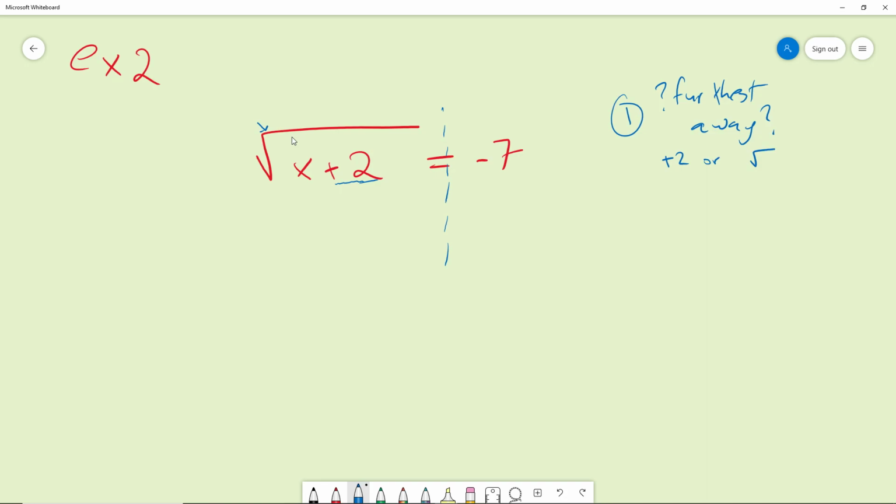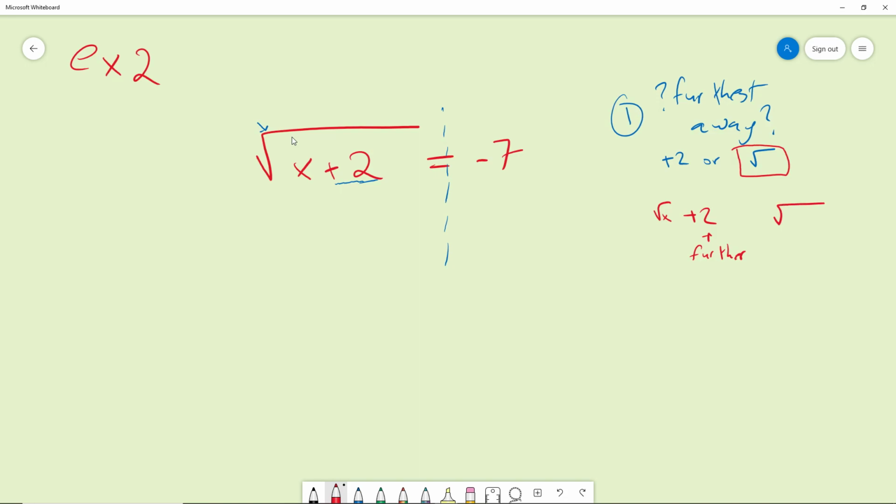So since the x and the 2 are inside the root together, this is furthest away. If it was written similarly, like square root of x plus 2, now the plus 2 is further away.